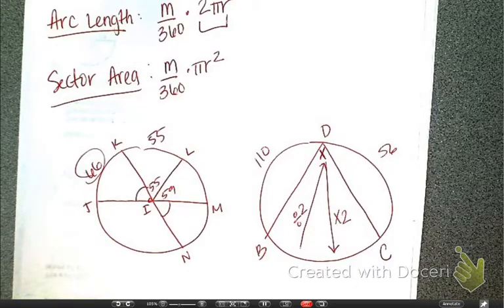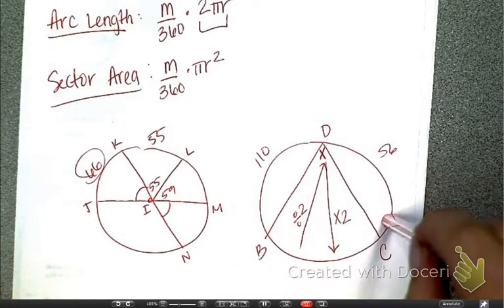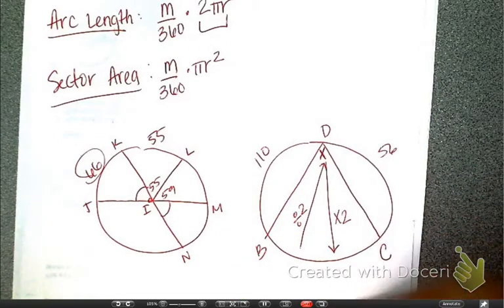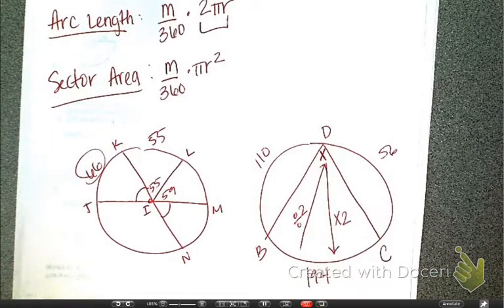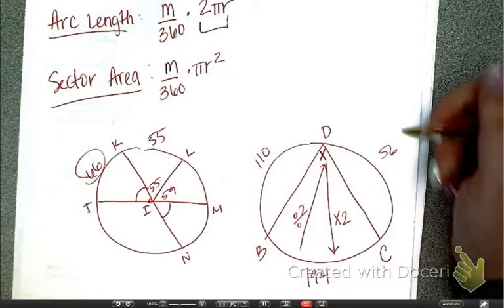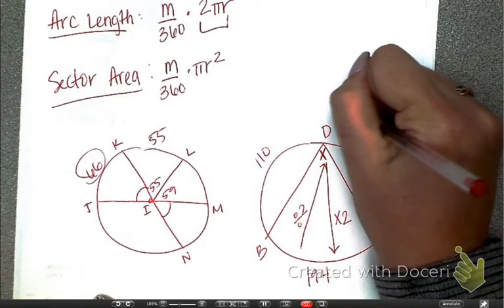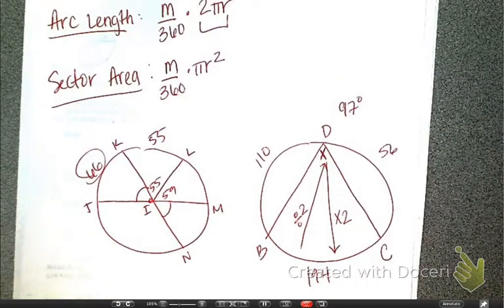Andrea, how? You add 110 and 56, and then you subtract that from 360. Good, because the whole thing equals 360. So when I do that, I get 194. But if I want the angle, I'm going to divide by 2. So my final answer is 97 degrees.